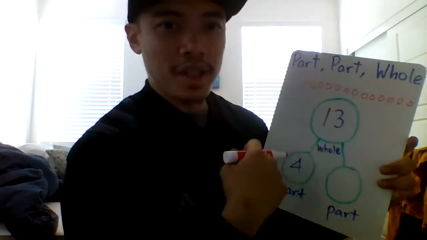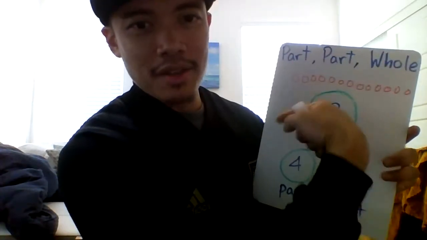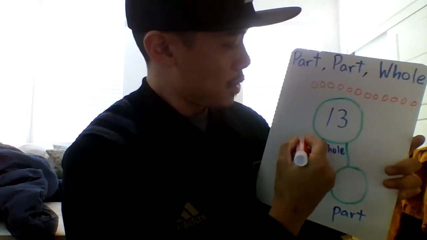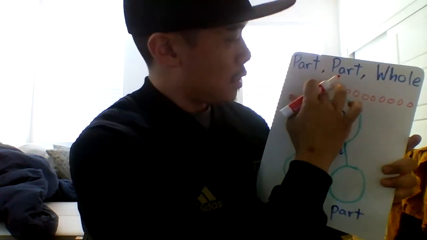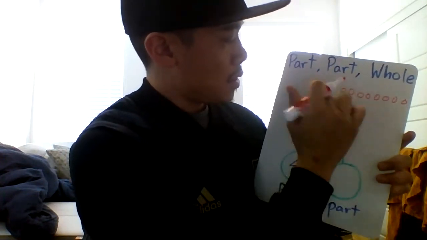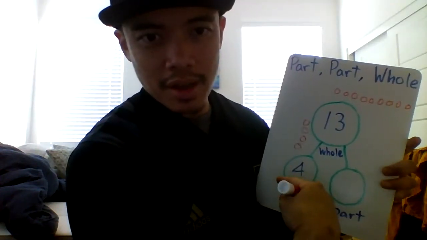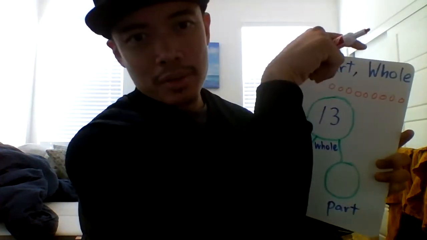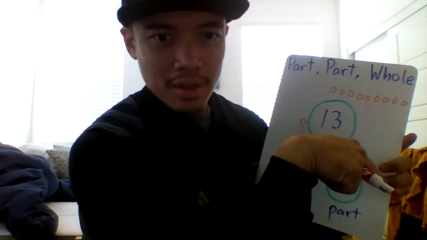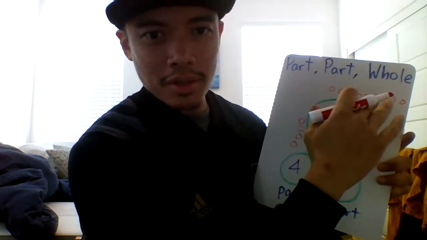So 4 of those kids went down this side of the mountain. Let's take away 4 of them. 1, 2, 3, 4. So 4 kids decide to go down the mountain this side. Now the rest have to go down the other side. How many are going to be going down the other side?